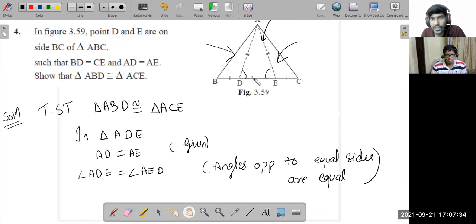Now, if you look at the figure, this angle E and this angle E, AED and AEC, what do they form?